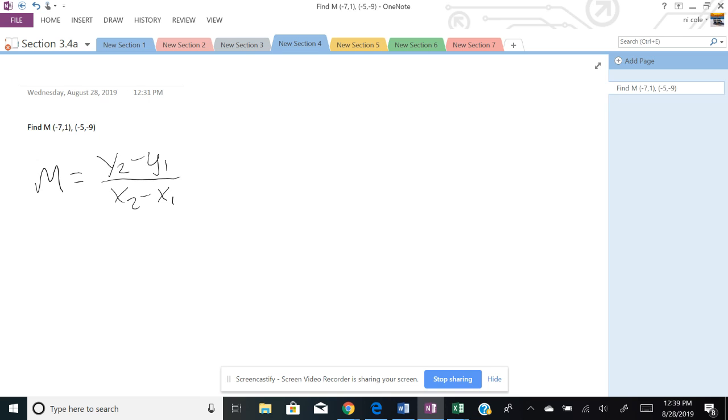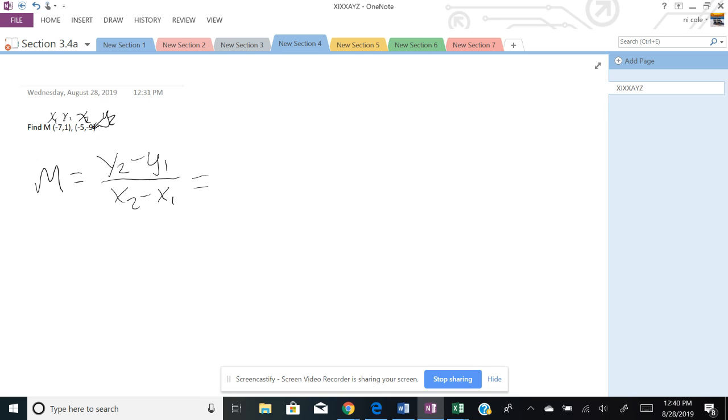What's x2? What's x1? On your piece of paper, label this x1, y1, and this x2, y2. It doesn't matter which one you pick as x1, y1, and x2, y2. You just have to make sure the 2's stay together.